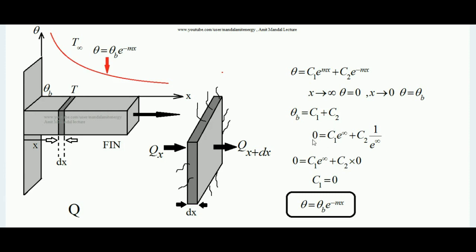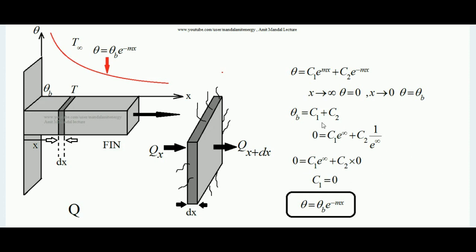This can only be true if c1 also becomes 0, because LHS and RHS must be the same. Since e to the infinity is infinity, we have to multiply it with 0 for the RHS to become 0. So c1 is 0.